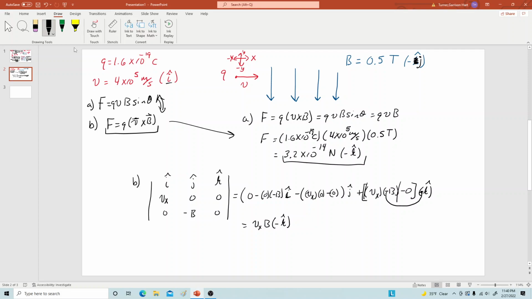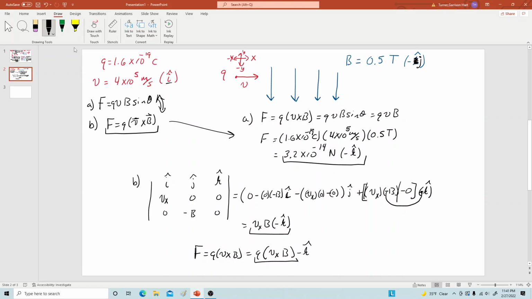Now, up here, we've already multiplied by the charge to get the force, but this is just the V cross B part. So the force is equal to Q V cross B. And we just showed that V cross B is equal to the velocity in the x direction times the field in the negative k direction.